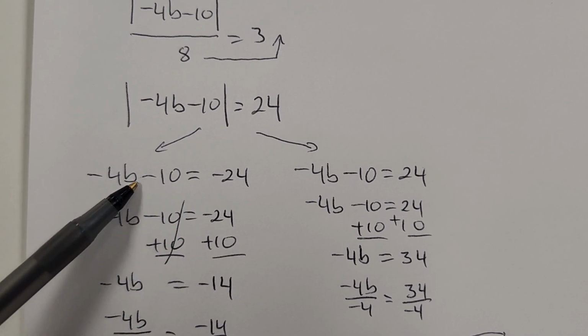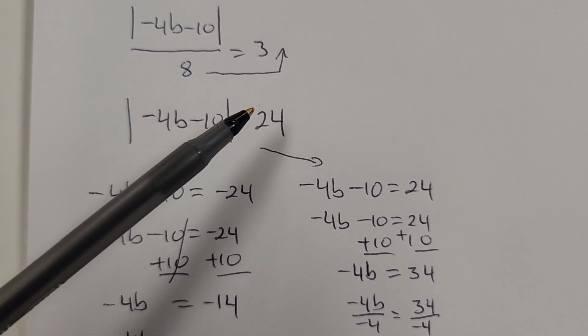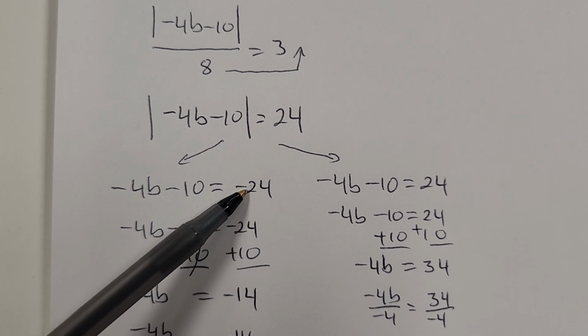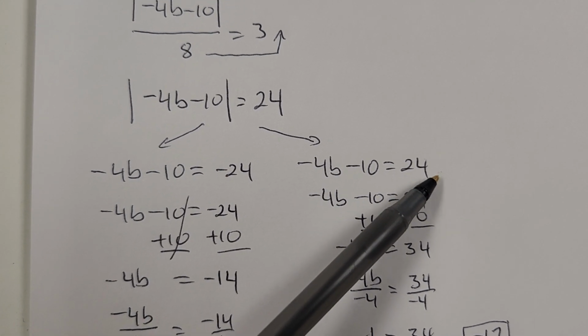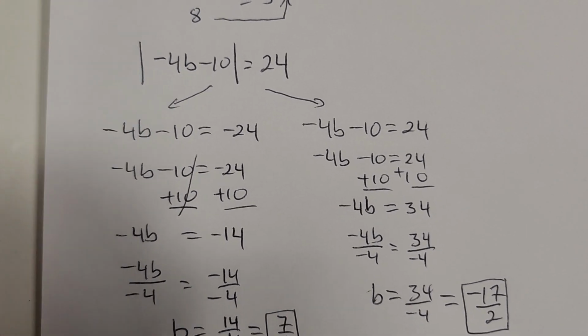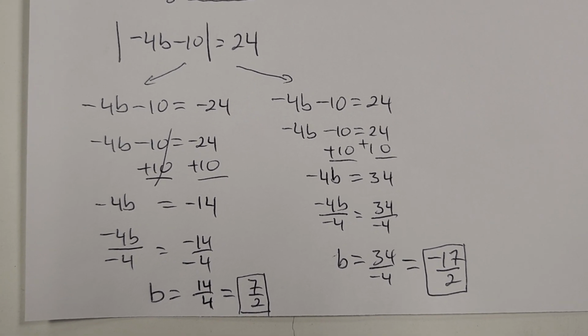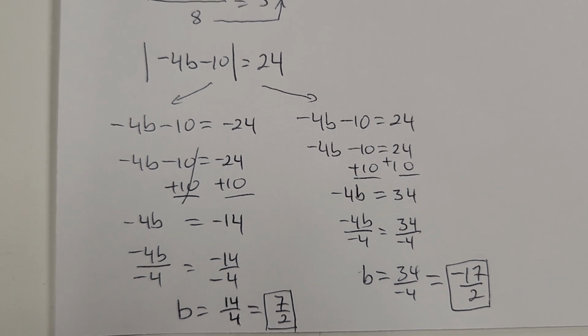As you can see, on the left and on the right are the same thing. The only difference is the 24. On the left, it has to be negative, and on the right, it stays positive. Okay, so next, all we have to do is just do the multi-step equations and solve.